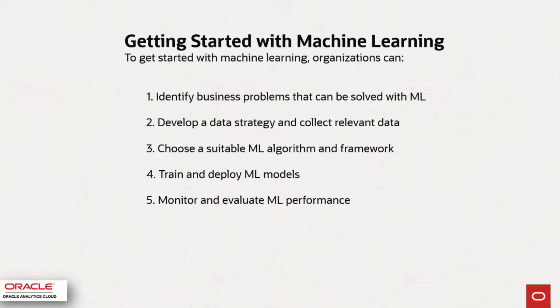Next is developing a data strategy and collecting relevant data. If you speak to most data scientists, they will say this is 80% of their time. Since I'm assuming all of you are OAC users, you focus on data. We all know dirty data is bad for any reports, and clean data is what you should always strive for.